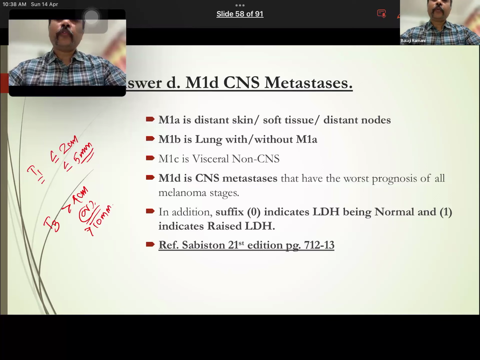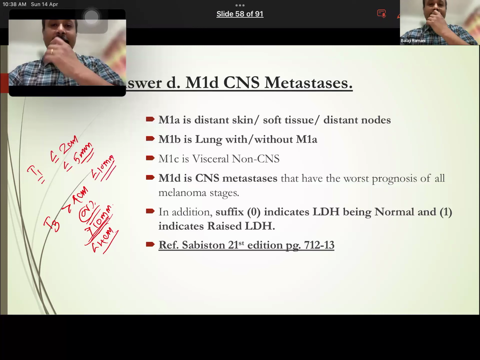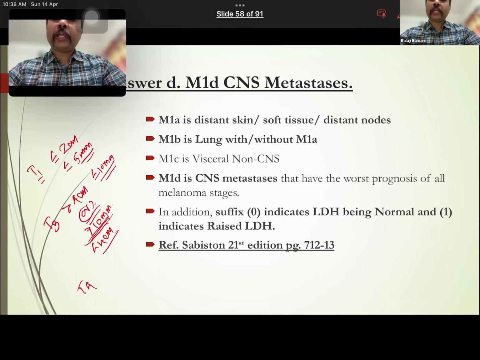Meaning, if you have a lesion less than 4 centimeters and more than 10 millimeter, or if it is more than 4 centimeters and less than or equal to 10 millimeter, that is T3. T4A is where, other than the local invasion, you have more than 4 centimeters and more than 10 millimeters.